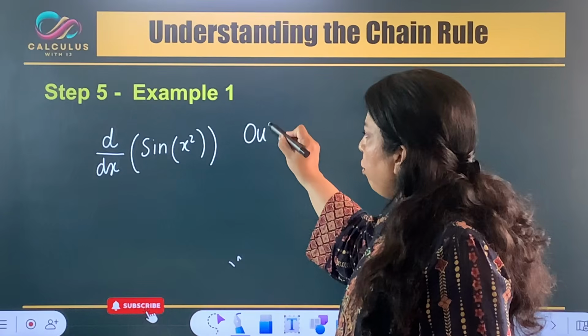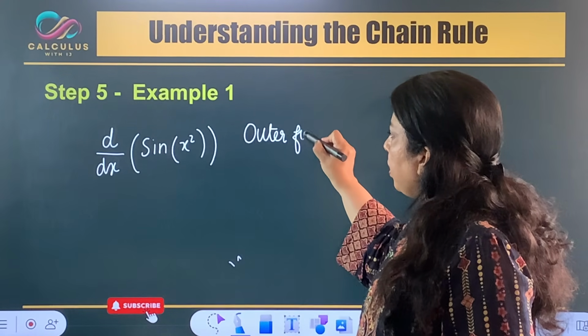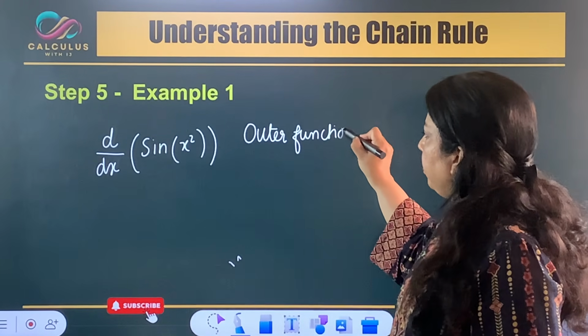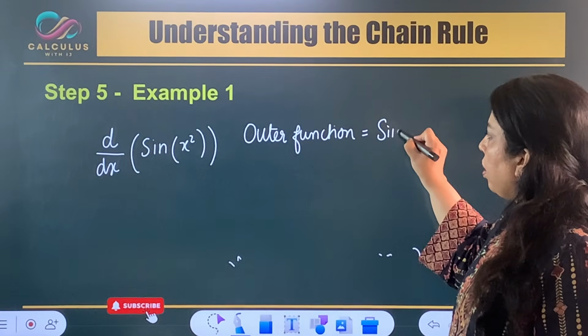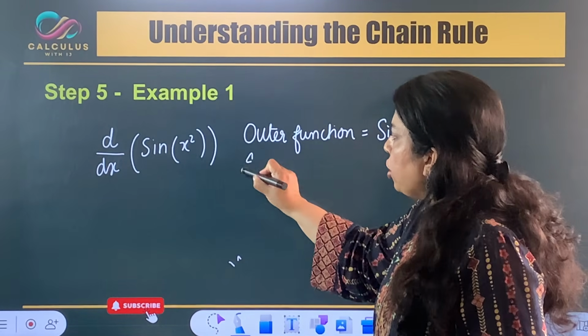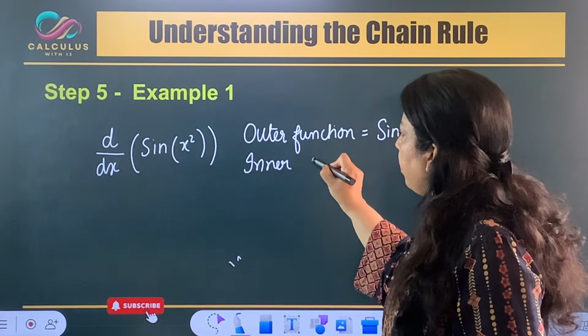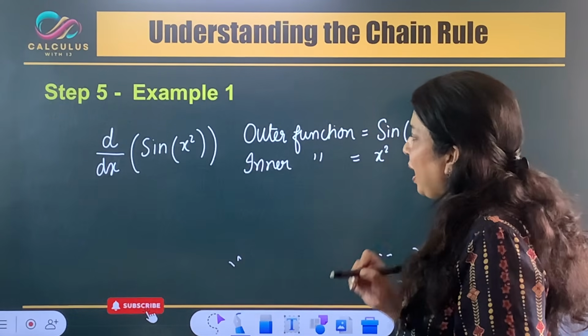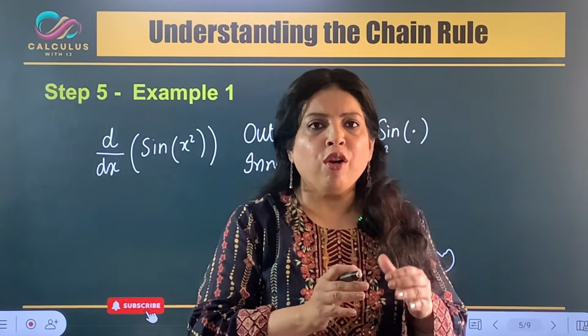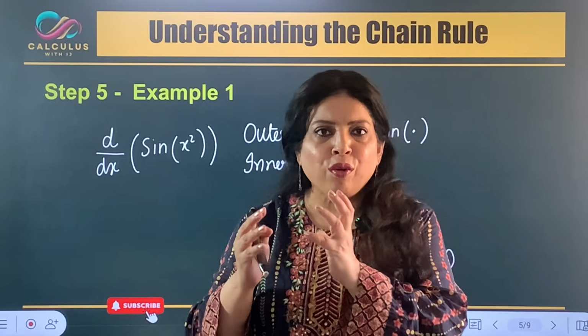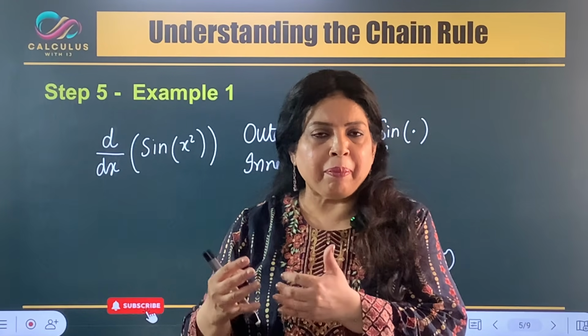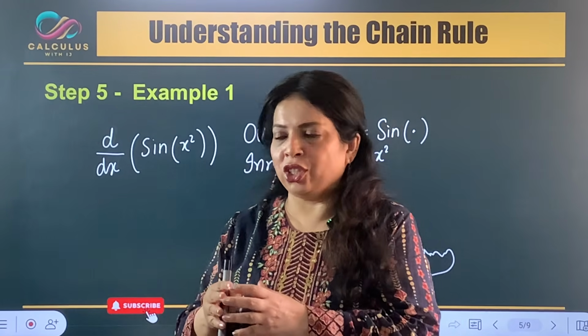Here the outer function is sine while the inner function is x square. So according to chain rule, we first take the derivative of outer function while keeping the inner function unchanged.